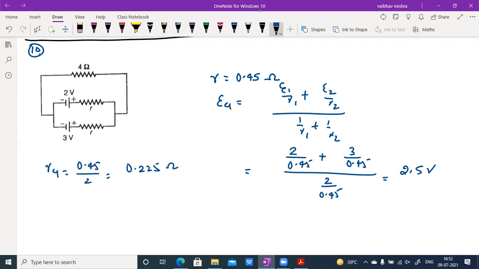Now we replace this. Four ohm and 2.5 volt, 0.225 ohm.